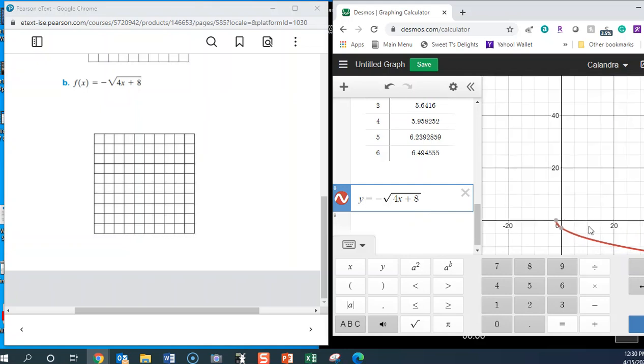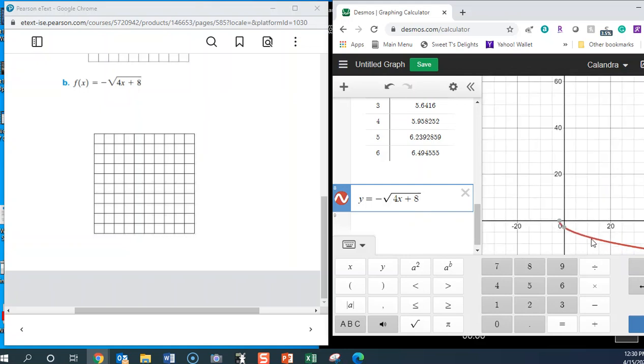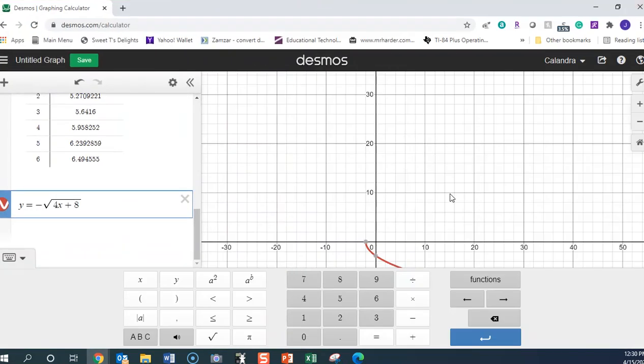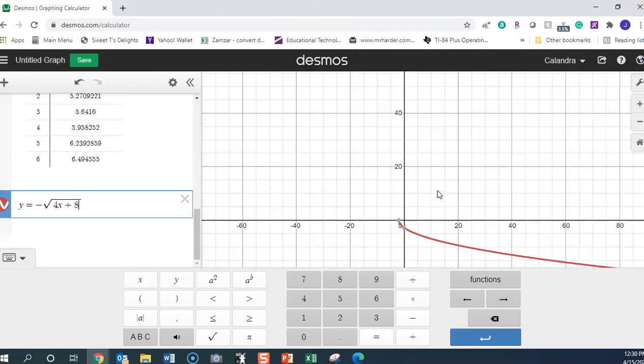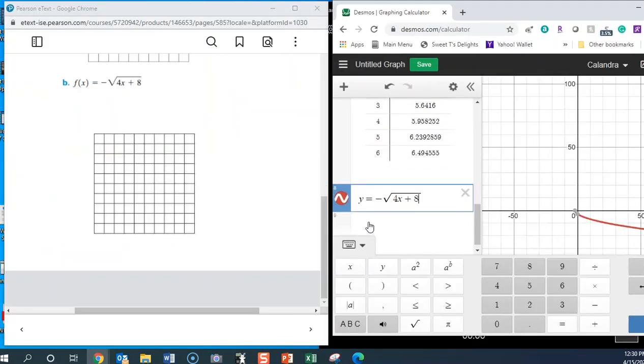And then if you notice here, we have our graph. And I can expand this out so you can see what it looks like expanded out. Okay. So now that took care of 7a and b.